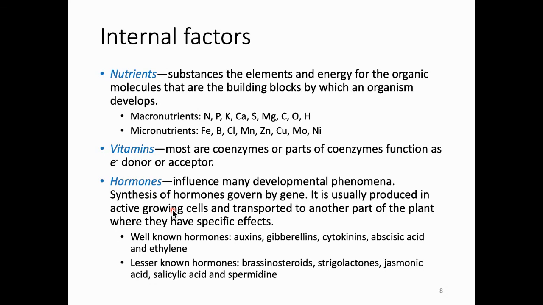In this lecture, you will learn about auxin, gibberellin, cytokinins, abscisic acid, and ethylene. But there are a few more that we will not have a chance to learn in this lecture. They are brassinosteroids, strigolactones, jasmonic acid, salicylic acid, and spermidine.